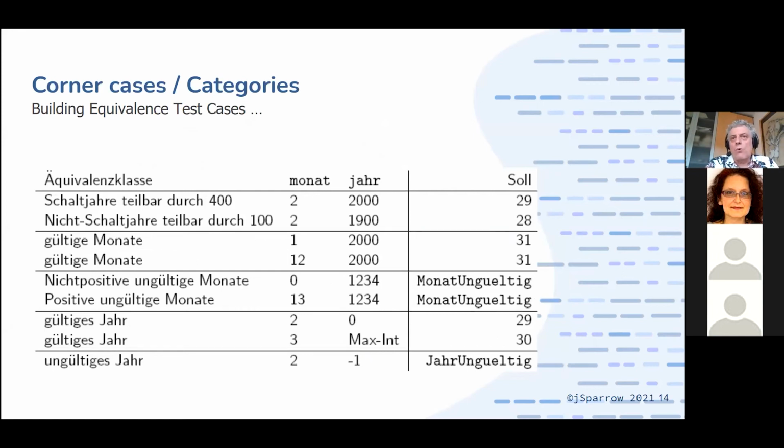Or in formulating these into equivalence test cases, you see that we now have a couple more than the minimum, because we are also addressing the invalid months or invalid years. So that's some sort of way to find the equivalence test cases.